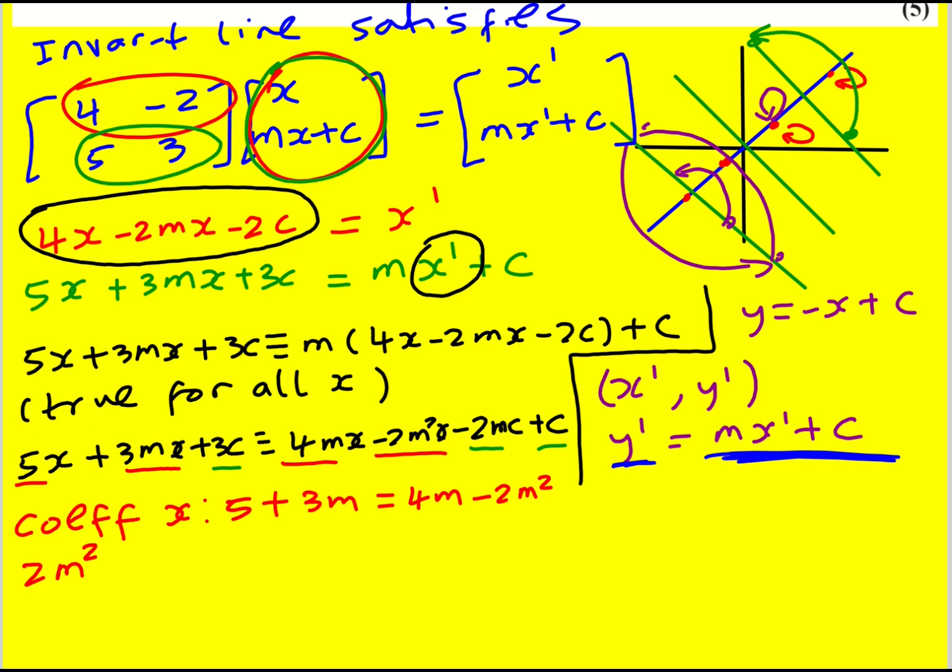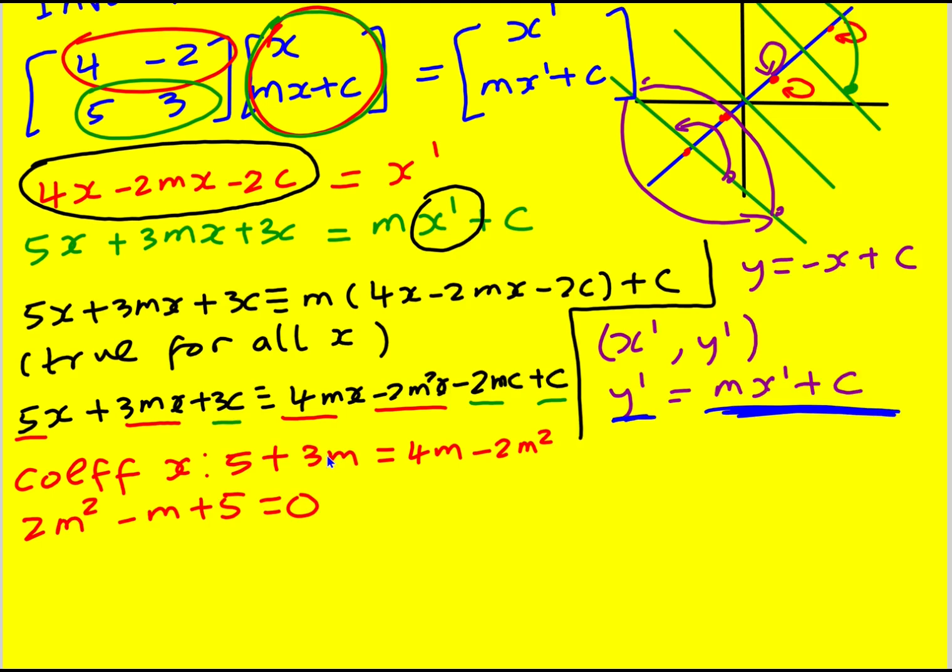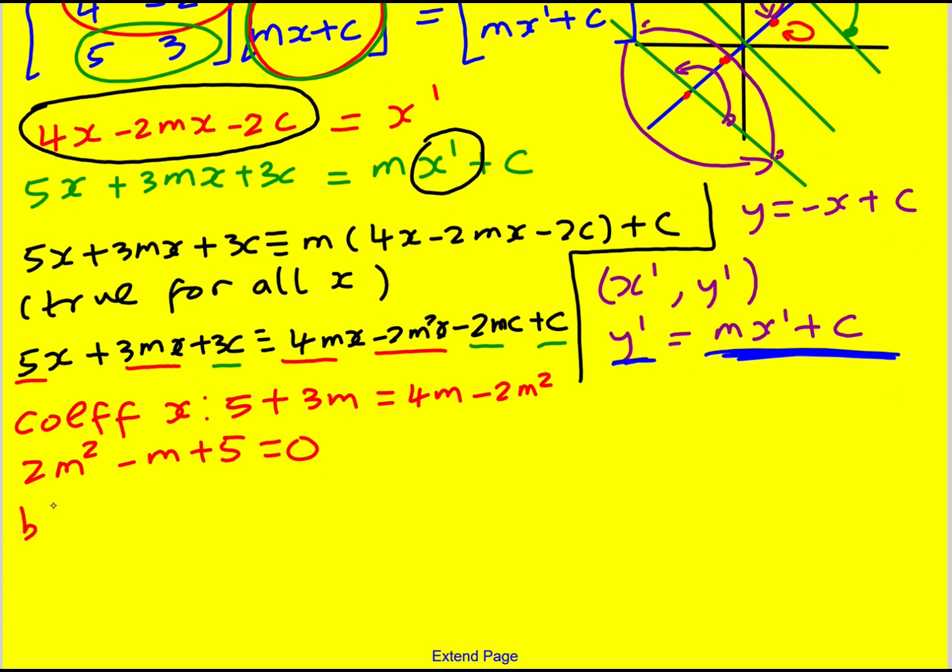Right, 2m squared minus m plus 5 is equal to 0. Let's just look at the discriminant, b squared minus 4ac. Remember, we're trying to show there's no solutions. So if we can show the discriminant's negative, it's going to equal 1, because that's just minus 1 squared, minus 4 times 2 times 5.